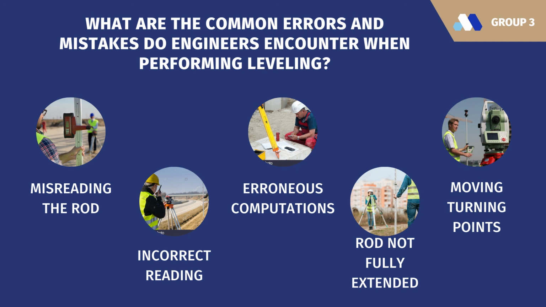Next is incorrect recording. The recorder should always call out the readings as he records them in order to prevent the recording of incorrect values. Mistakes usually happen in recording, as one would write the number 9 as 6 or the other way around, writing 6 as 9, writing 8 as 3 or vice versa.